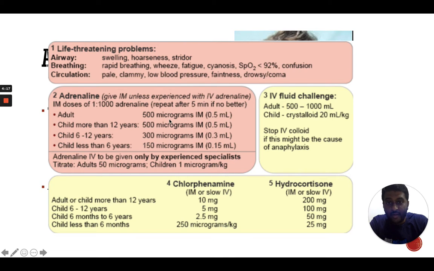They divide the doses of adrenaline according to the patient's age, and it is easy to remember. You can use this as a rough guide to quickly calculate the adrenaline dose needed. For less than 6 years it is 0.15 ml, for 6 to 12 years it is 0.3 ml, and more than 12 is treated as adults.